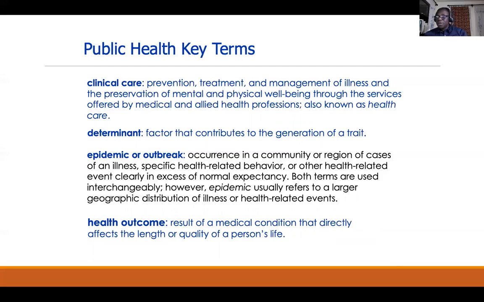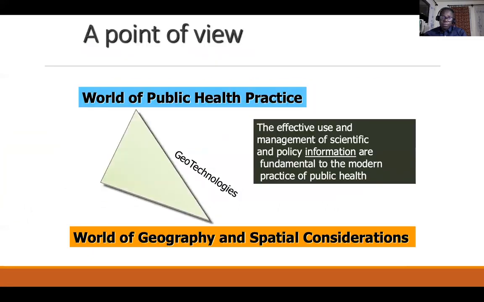I'm not going to read all these, but I want you to be acquainted with these definitions because they are going to play a very important role in our GIS for public health practice activities.